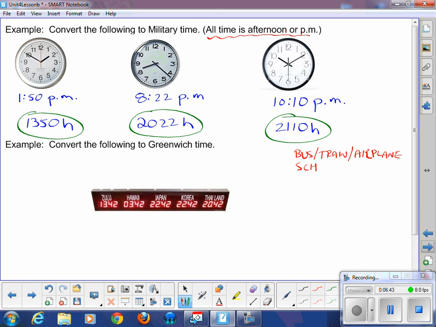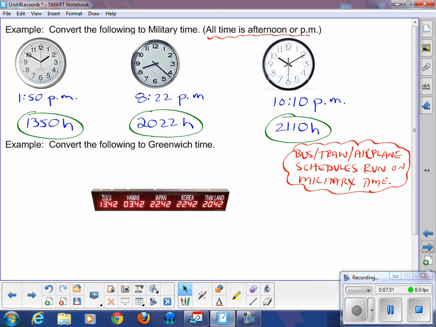All right, so that's why we're looking at dealing with military time. So when you go to the airport, or a train station, it's very, very important that you can read this military time, because that's what you're going to see. And again, they do it so that there's less confusion when you're looking at what time is your departure time.